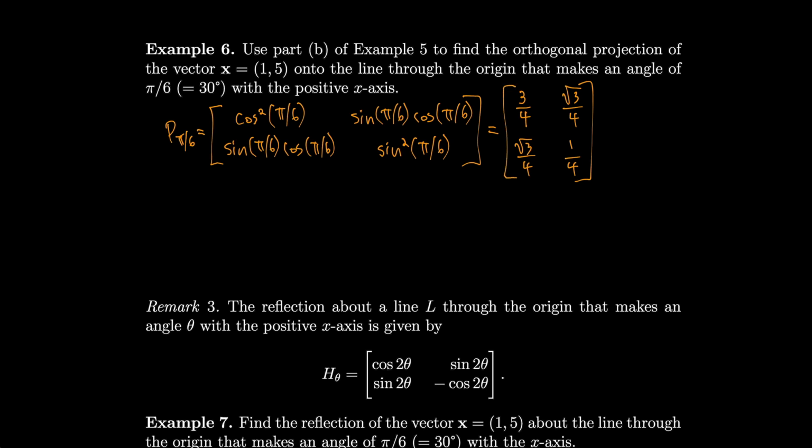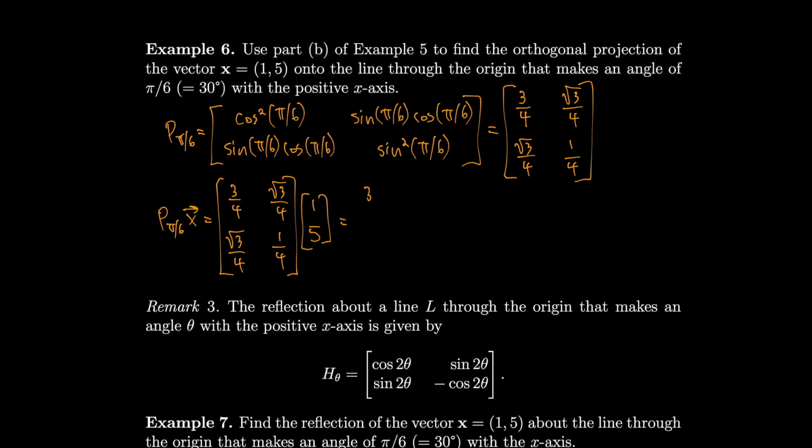Okay, so now let's apply that to this x they gave us. We'll take P of pi over 6 and multiply it by x. So that's 3/4, square root 3/4, square root 3/4, 1/4, times (1, 5).